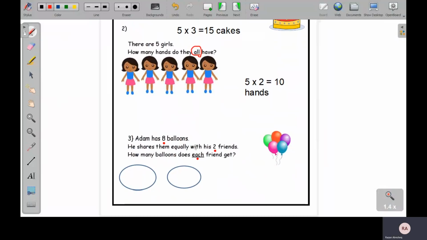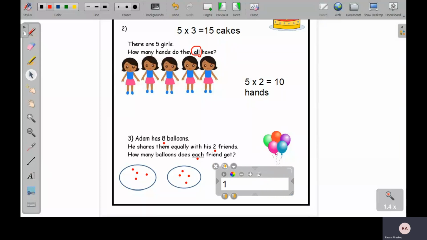So here we have 8 balloons and he has 2 friends. Let's imagine this was the first friend and the second friend. I'm going to equally place 8 into the circles. I'm going to stop here because I only have 8, so we stop at the number we have. And we're going to see that each friend is going to take 4. Remember, like we said earlier, it's really important, guys, to make sure they have equal numbers.